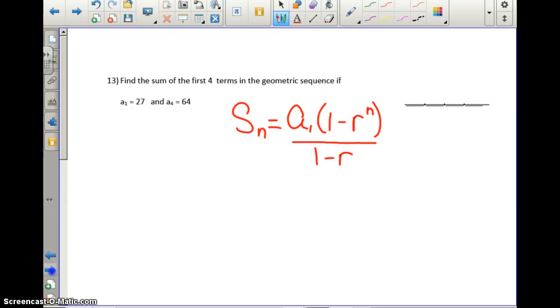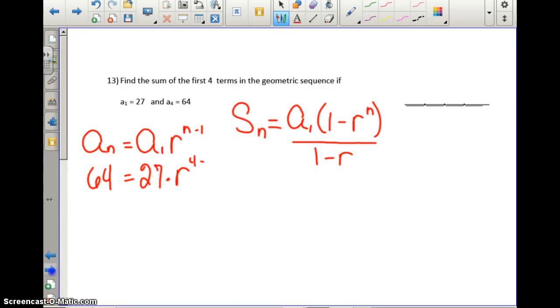So the first thing I'm going to do is go back to the other formula that I have to know for geometric, and that's a sub n is equal to a sub 1 times the common ratio to the n minus 1 power. The fourth term is 64, so I'm going to put 64 here. The first term is 27, and I don't know the common ratio, but I went up to 4 terms, so I'm going to have 4 minus 1 as my power. Clean this up. I have 64 is equal to 27 times r to the third.